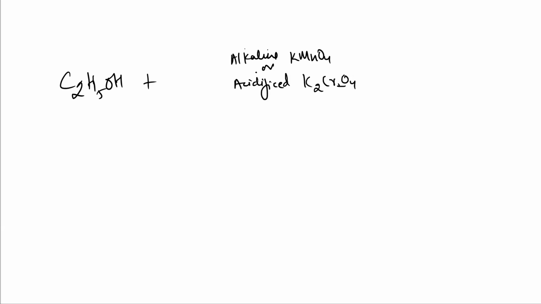They will provide nascent oxygen. Nascent oxygen means it is not in the molecular form. So I write it as 2O; I could write O2, but O2 is molecular oxygen. So with atomic oxygen, 2O, it gives you CH3COOH, ethanoic acid, plus water.